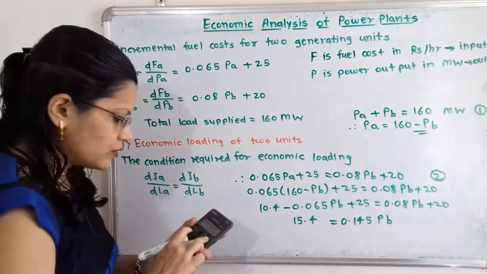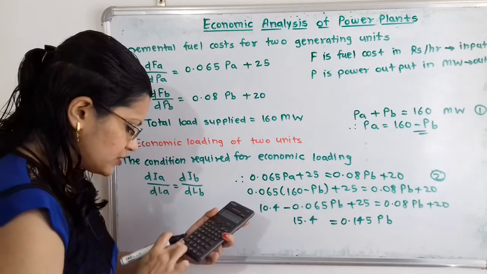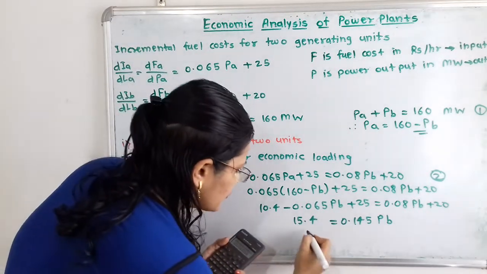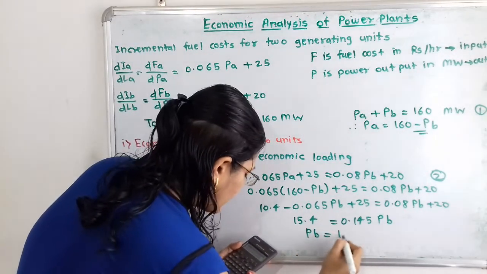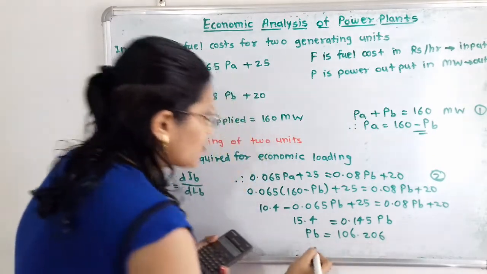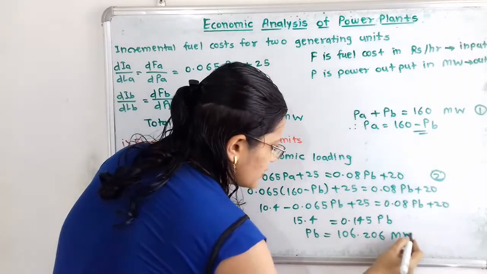So PB is equal to 15.4 divided by 0.145, which is 106.206. Now this P is power output in megawatt, so we give the unit megawatt.